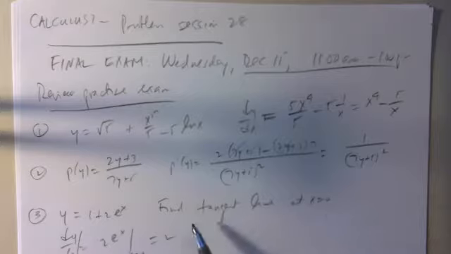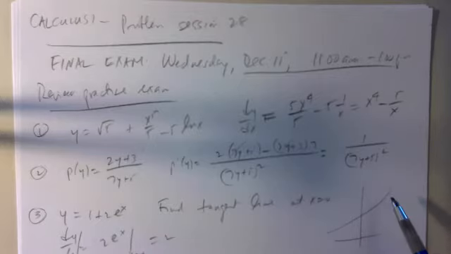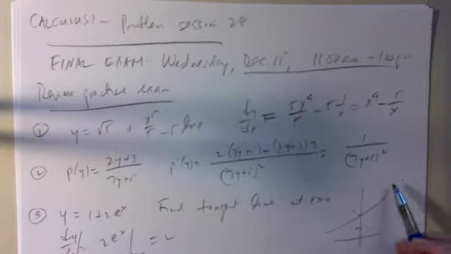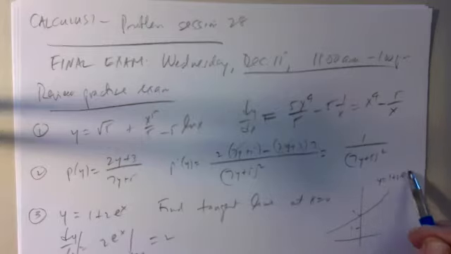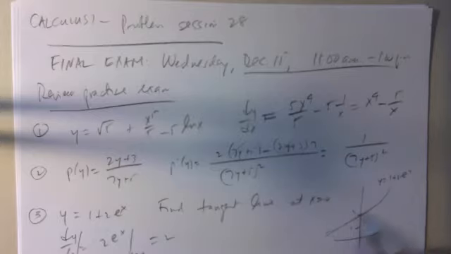So this is what the curve of 1 plus 2e to the x looks like. You want to find the tangent line at x equals 0. When x is 0, y is 2.